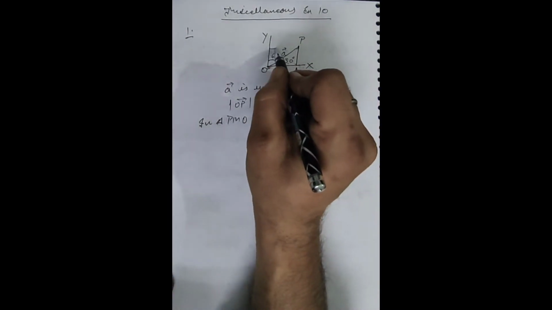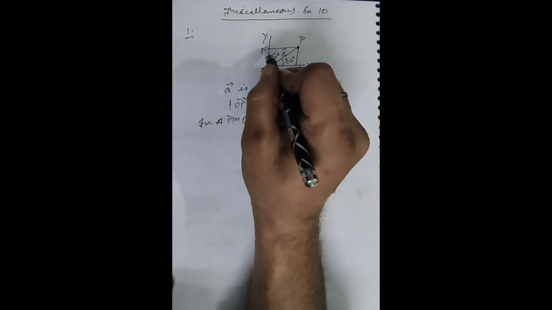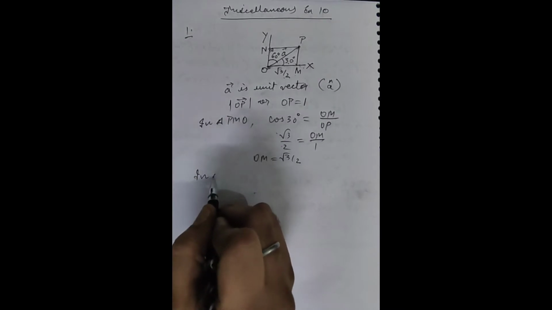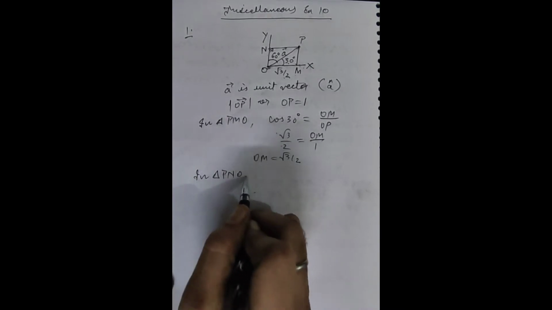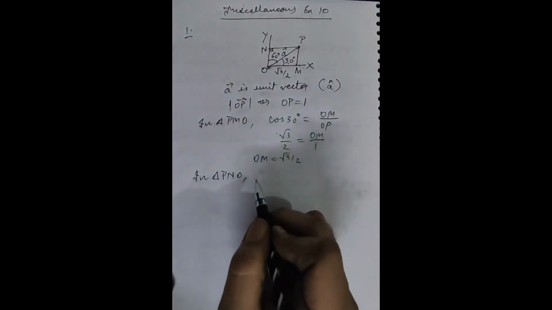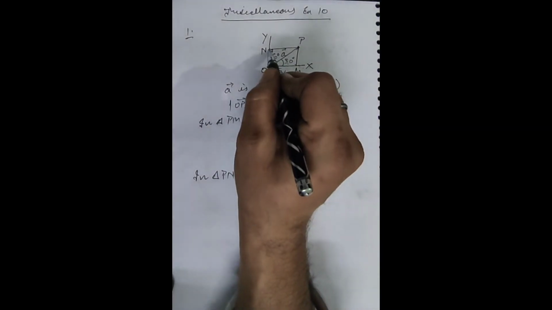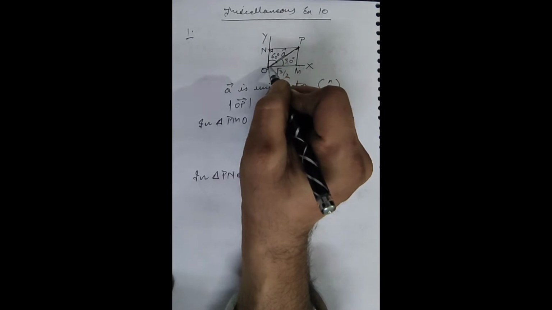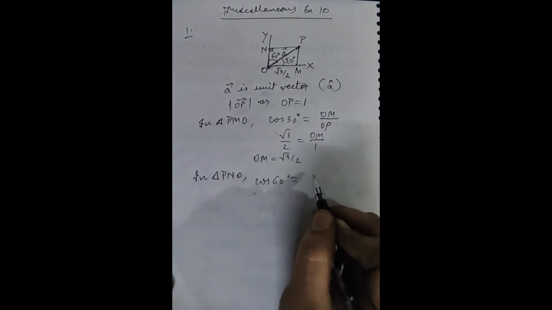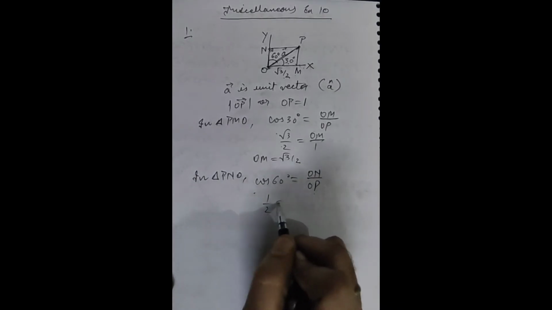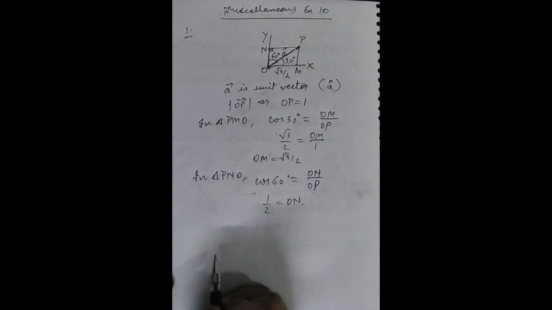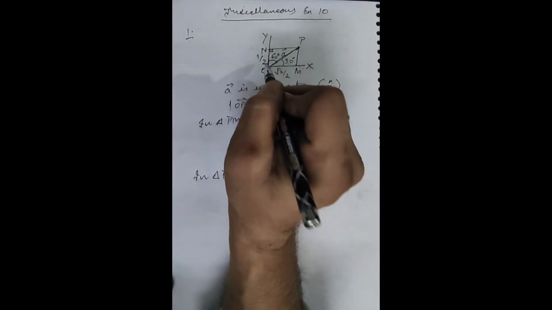Similarly, draw a perpendicular from P to the y-axis, namely PN, and again in triangle PNO, when I take cos 60 degree, with respect to 60 degree its base is ON and OP is the hypotenuse. So cos 60 is equal to ON upon OP. OP being 1, it's 1 by 2 equal to ON. So the component along the y-axis we get is 1 by 2.